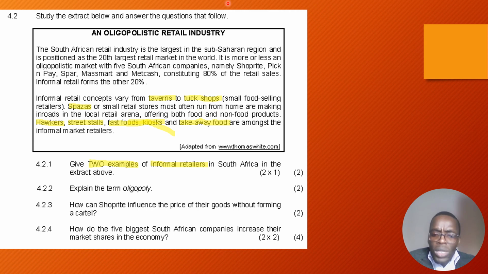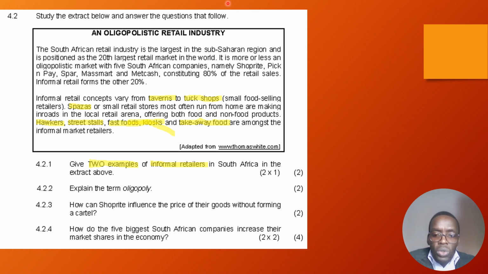Now what we need to understand is that businesses that operate in an oligopoly market normally tend to avoid reducing prices, because like what we noted in the previous video, if you reduce the price, it is going to result in price wars, because the other firms are also going to reduce their prices even more. So businesses that operate in this kind of market don't really want to change the prices of their products.